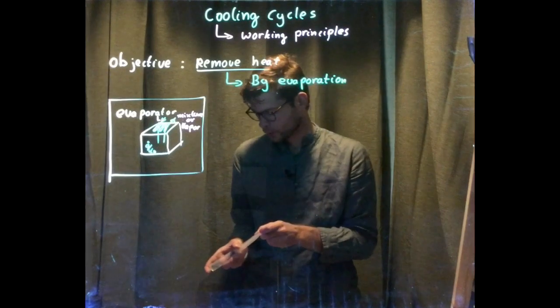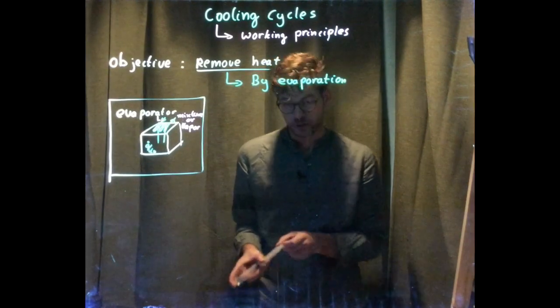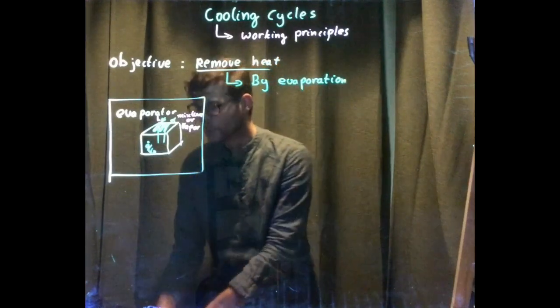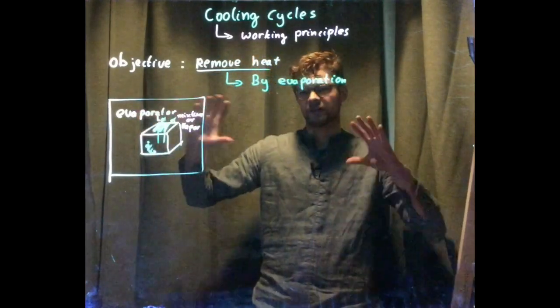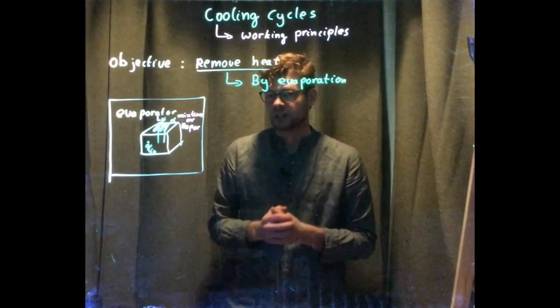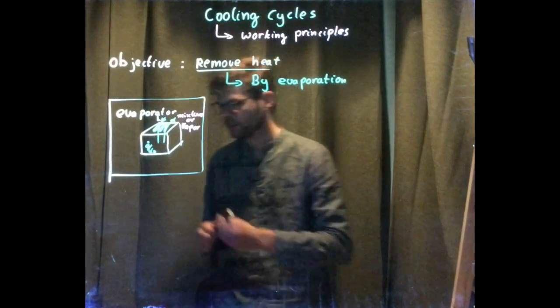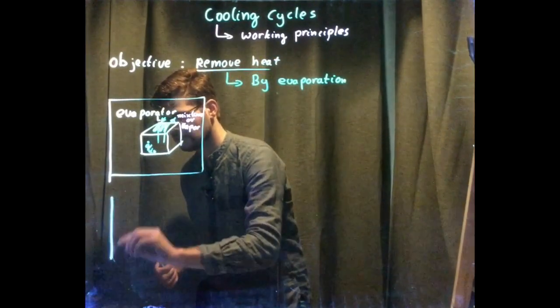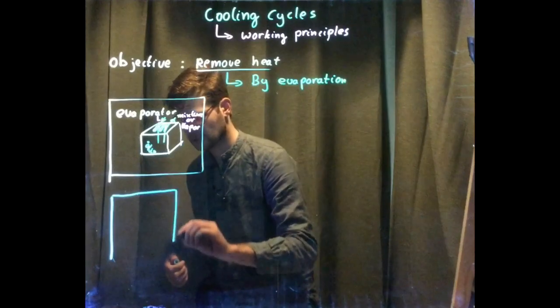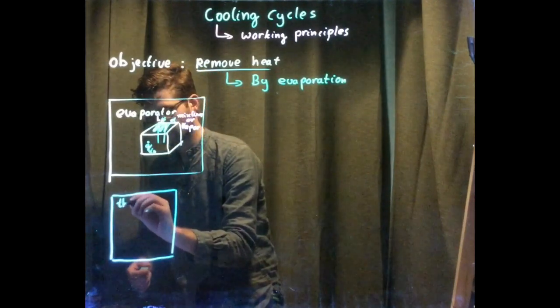So in other words, a phase change will occur. And that's what I want to happen in my cooling cycle as well. For this I need to lower the pressure. I can do this fairly easily by the next component of my cooling cycle, which is the throttling valve.